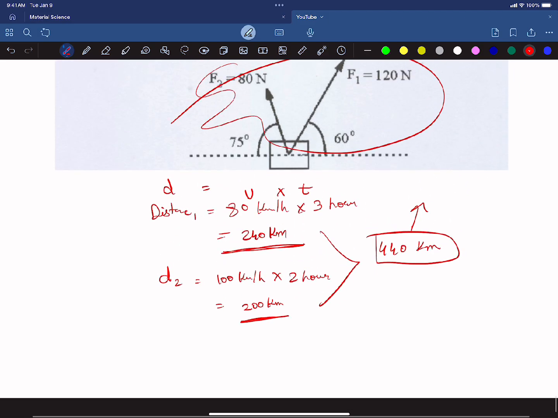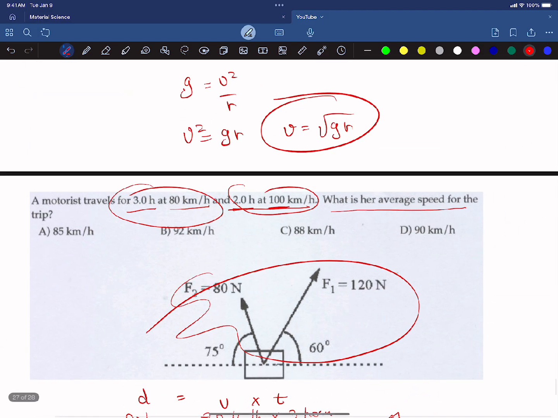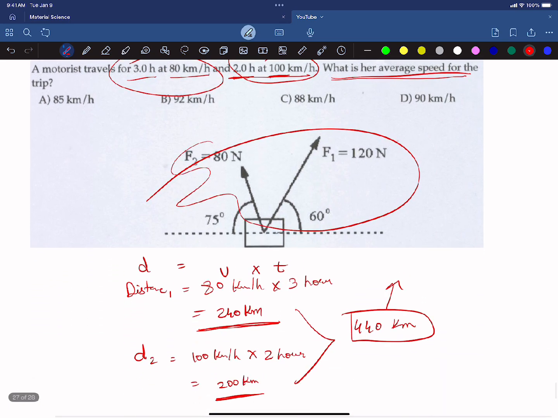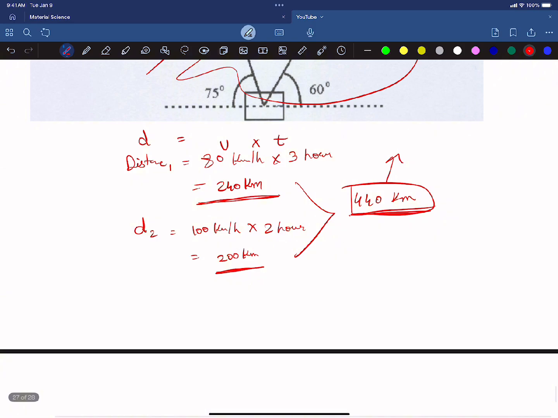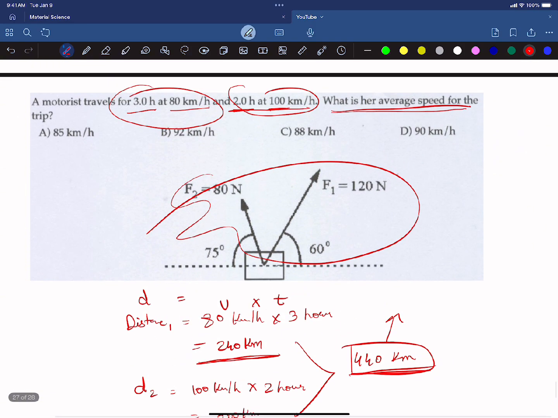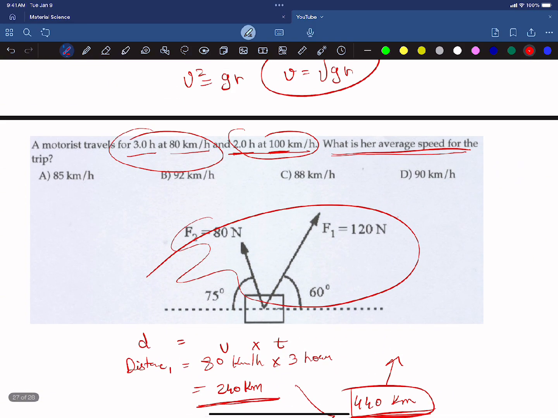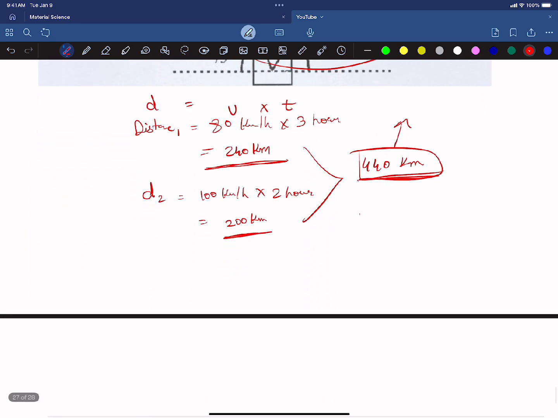Now they want us to find the average speed. Once we have the total distance, we have to find the total time in order to find the average speed. So total time is 3 hours plus 2 hours, total 5 hours.